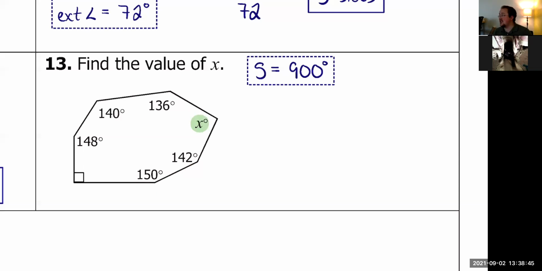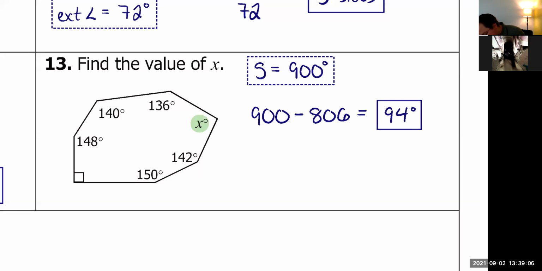I got 806. If someone wants to check me on that one. I got it as well. You got 806. Okay. So we know there should be 900. We're going to take away the 806 degrees that are already accounted for, which leaves me with 94 degrees remaining to be my x.